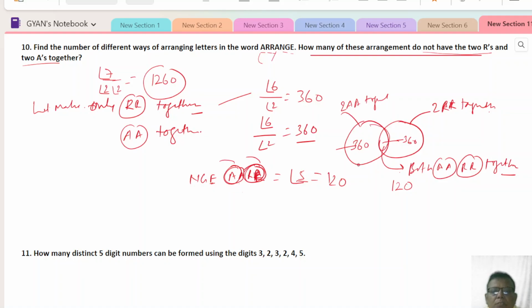And this hatched portion is at least AA or RR together.